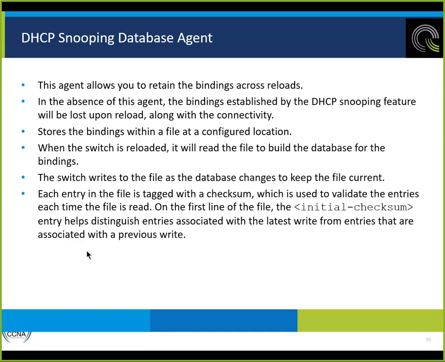Each entry in the file is tagged with a checksum, which is used to validate the entries each time it's read, so that somebody doesn't try to change the file. So we basically create a checksum hash for each entry, so that if it's changed, the comparison says, well, this one's not right.